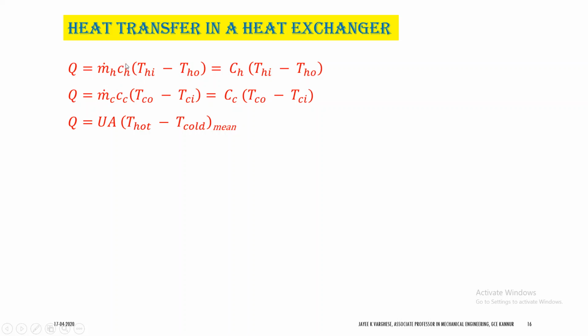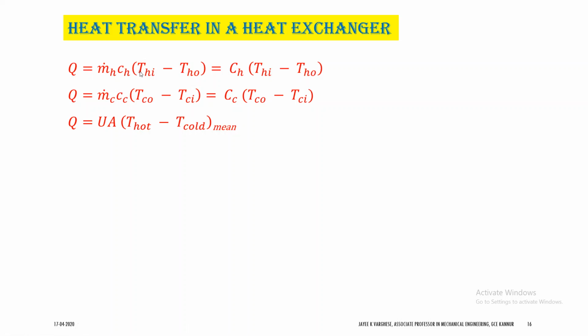Similarly, small c with a suffix h stands for the specific heat of the hot fluid, and small c suffix c is the specific heat of the cold fluid. And the notations for temperature also, capital T stands for the temperature.